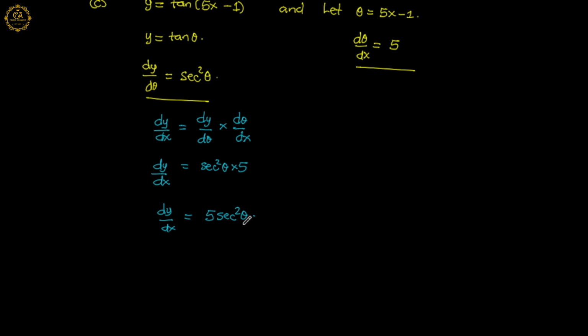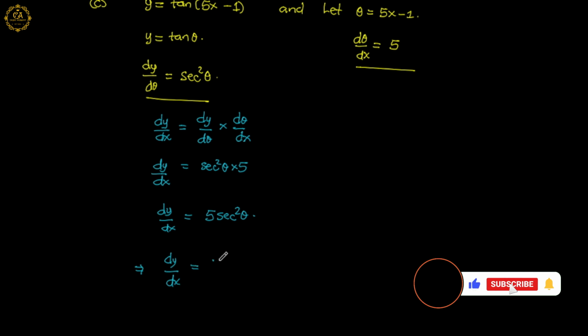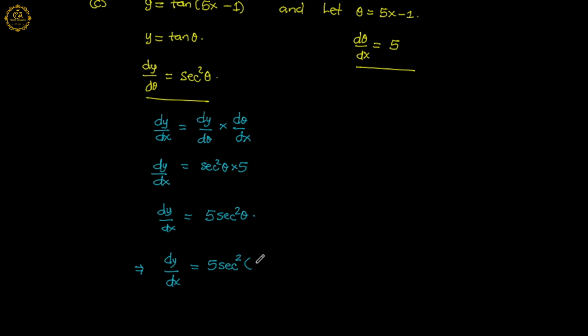Now this is what we earlier on let, that is theta. We can replace it back to the original expression of the function in terms of x. So we can go ahead and remove theta and replace it, so dy by dx equals 5 secant square of 5x minus 1, and that is the derivative of the last part of this question.